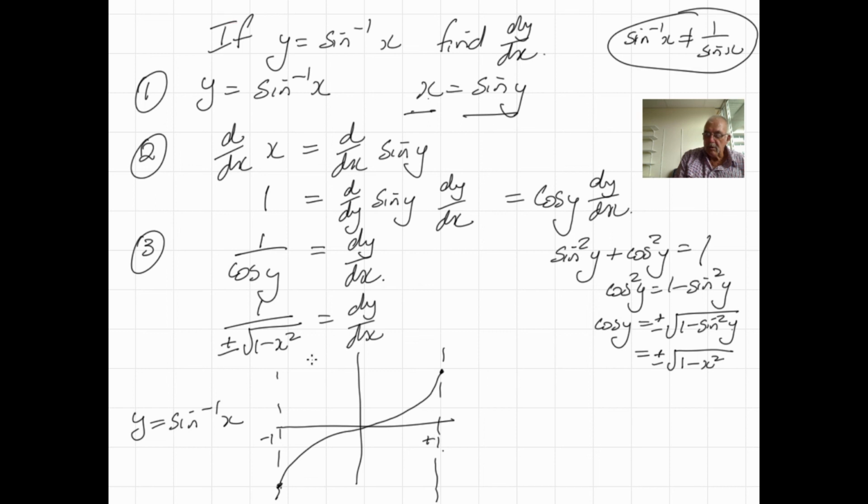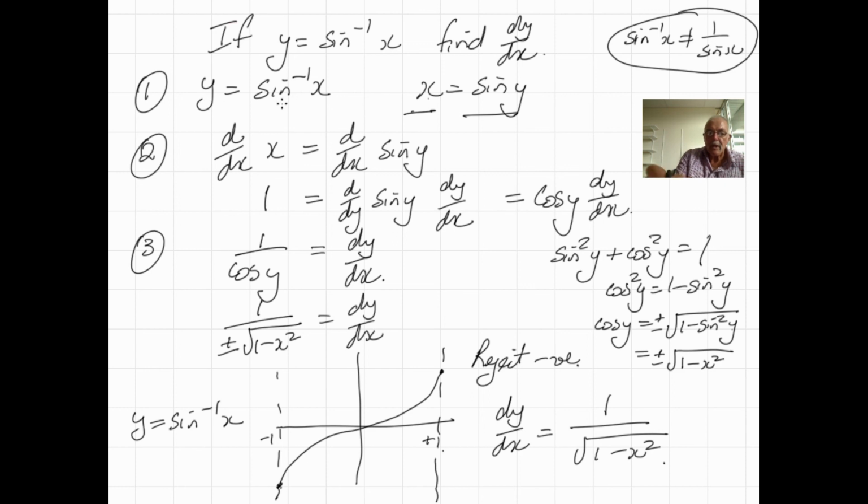And if we look at this, the gradient everywhere is positive. So in this instance we can reject the negative and say that dy dx is equal to 1 over the positive square root of 1 minus x squared.